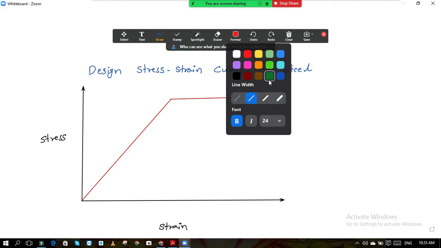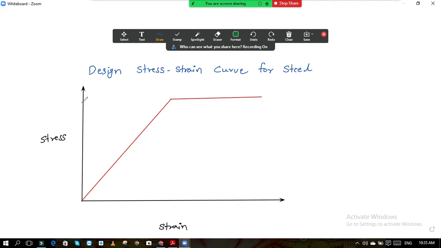Now if you plot these things over on the stress axis here, you will get Fy. Then again it is constant. Fy will remain the same. So again strain will increase after this, but stress will not increase.